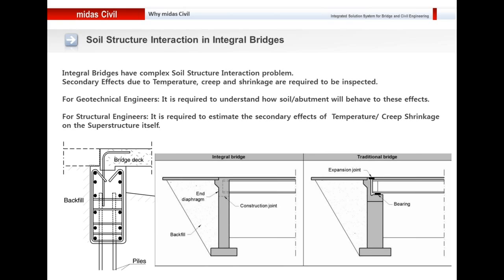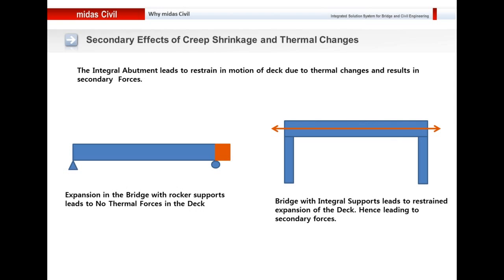If you distinguish yourself as a structural engineer, you need to estimate the secondary effect of thermal changes and creep and shrinkage of the concrete deck on the superstructure. And if you are a geotechnical engineer, you would be interested in how the soil and the abutment will interact with each other.